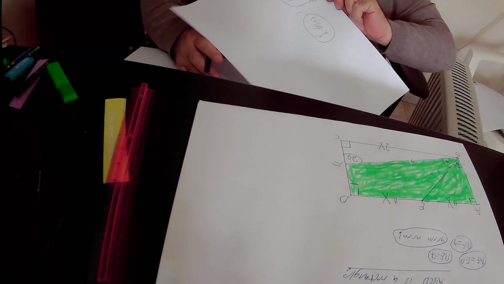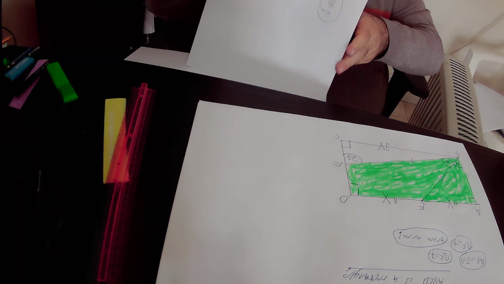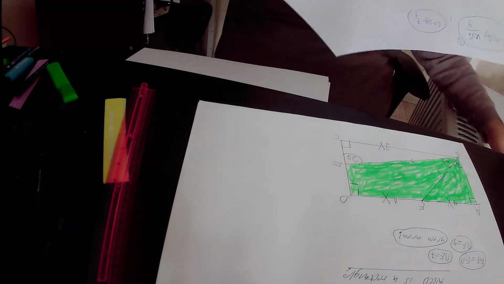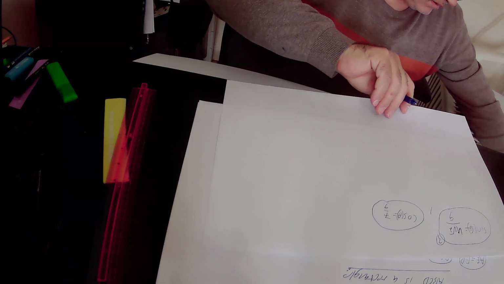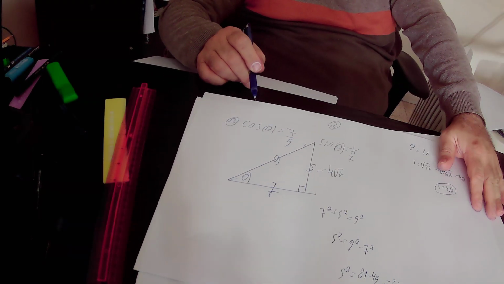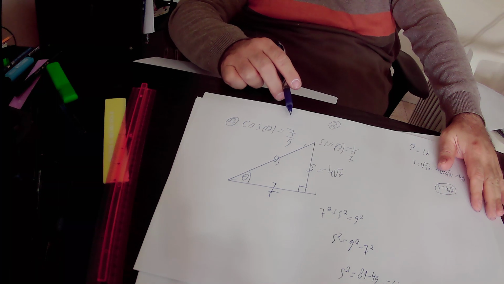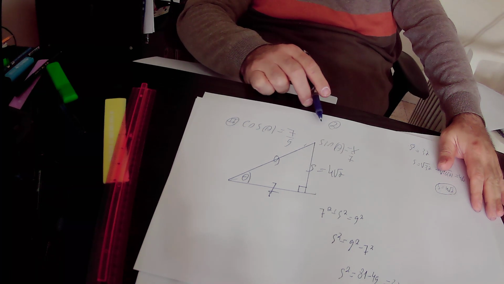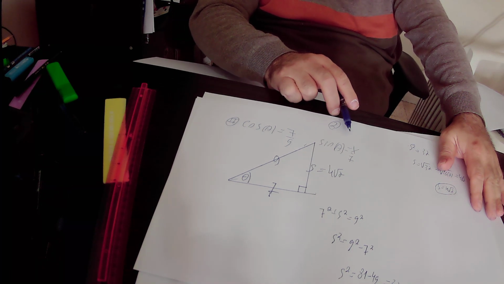Now equation number 2 states that cosine theta equals 7 over 9 and sine theta equals x over 7.